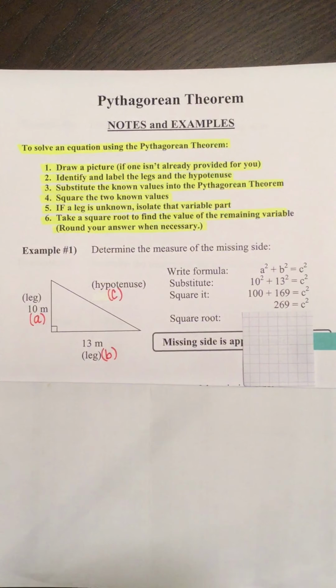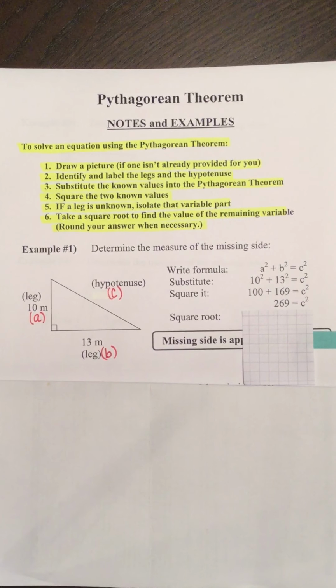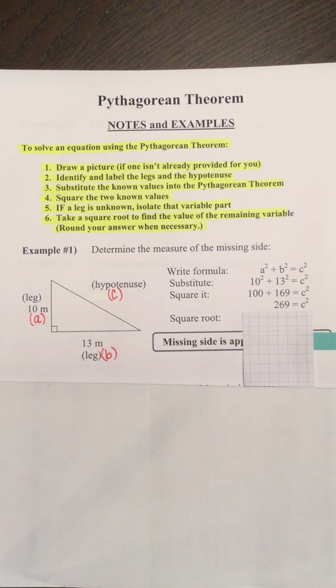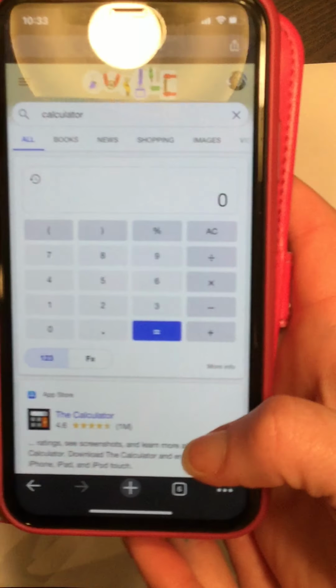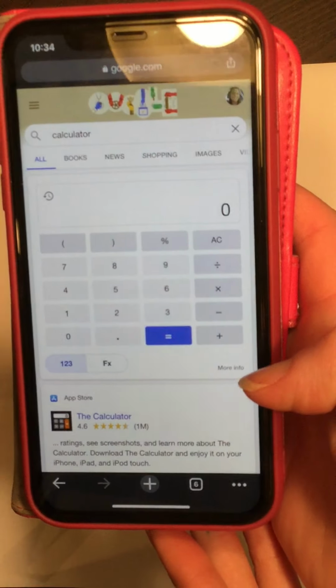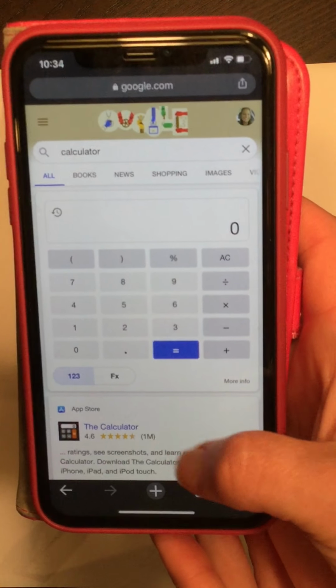Okay. Now, if you're using Google Calculator, I cannot promise you yours is going to be the same. I'm going to pull it up on my phone. Give me 1 second here. Okay, so I'm guessing it'll look very similar. All right, now you're going to say, I don't have any of these buttons right here.